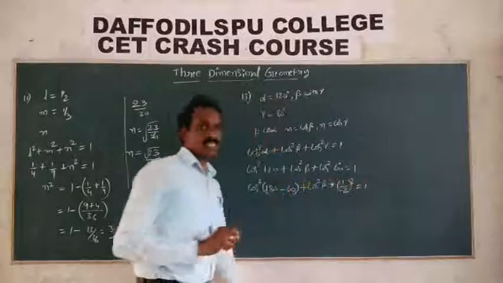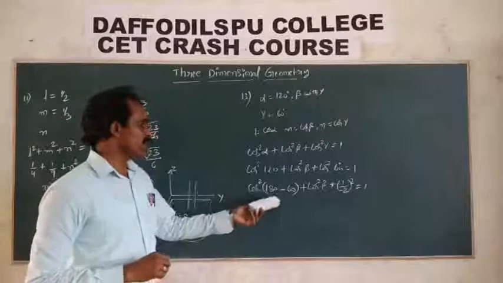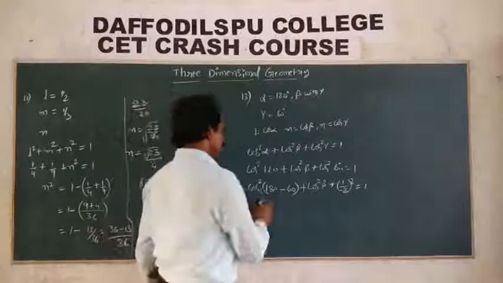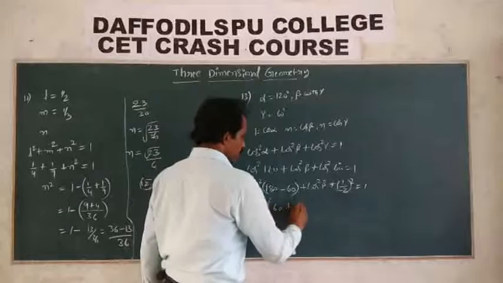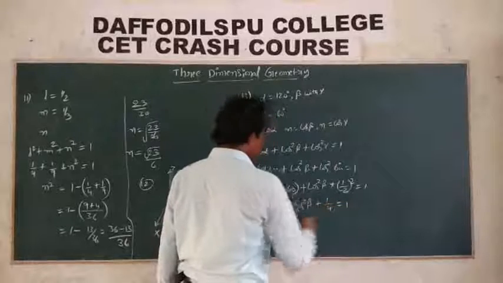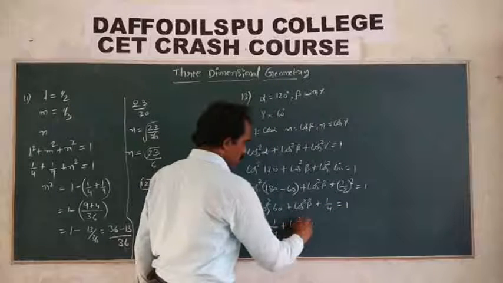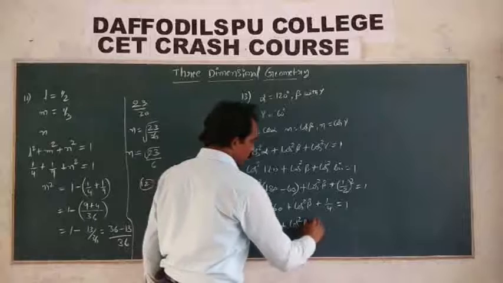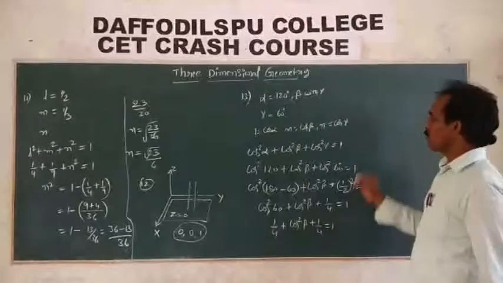So cos square (180 minus 60) plus cos square beta plus cos square 60 with value 1/2 whole square is equal to 1. 180 minus 60 is in the second quadrant, however that value squared is positive. So cos square 60 is 1/4, plus cos square beta, plus 1/4. So cos square beta plus 1/4 plus 1/4 is equal to 1, 1/4 plus 1/4 is 2/4.